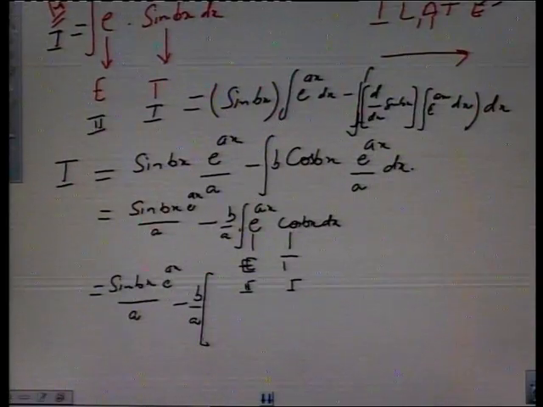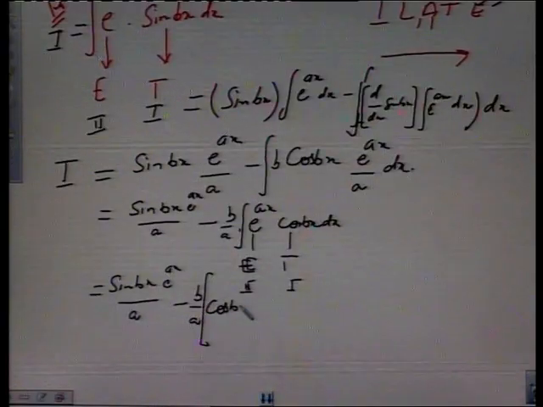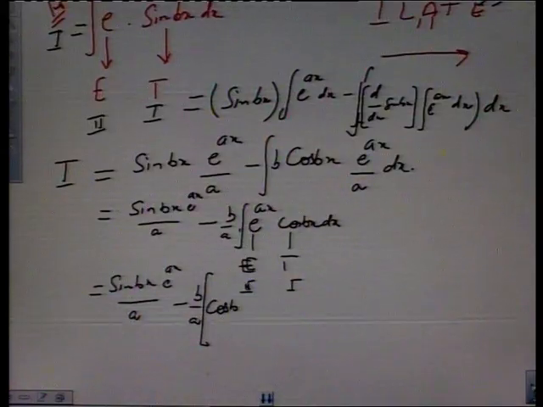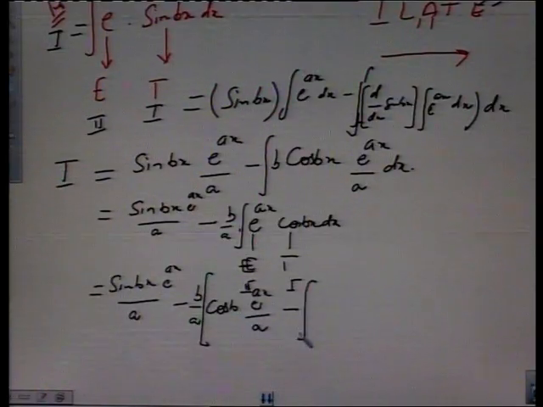Now, first function as it is, that is cos bx as it is, into integration of e raised to power ax, we get here e raised to power ax upon a, minus whole integral of derivative of first function.